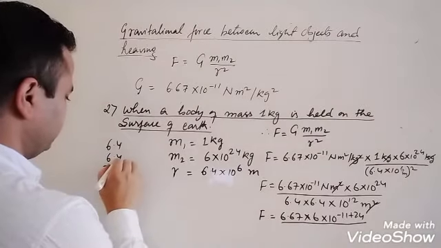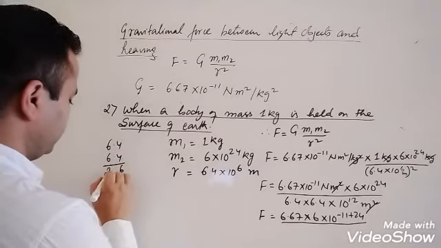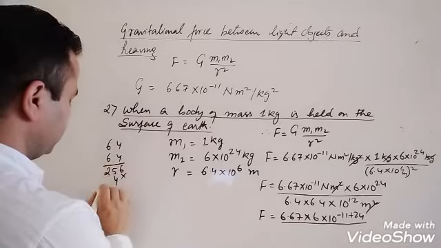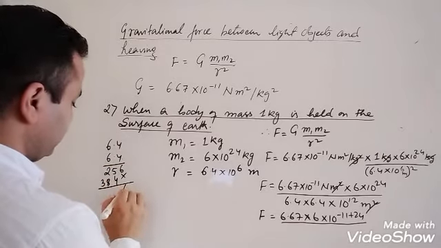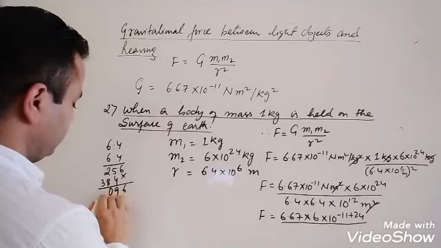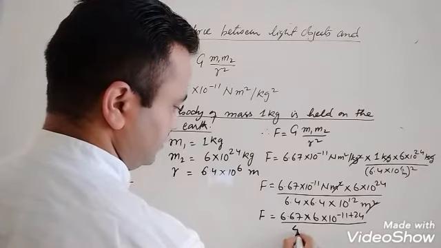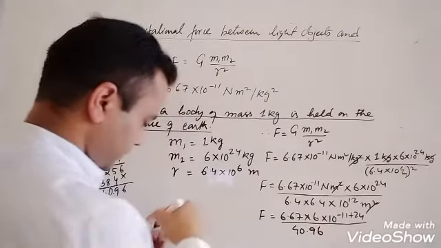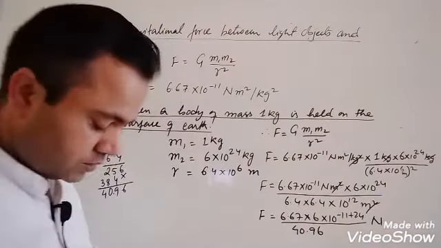Calculating 6.4 into 6.4 gives 40.96. This is in Newton, the unit of force.